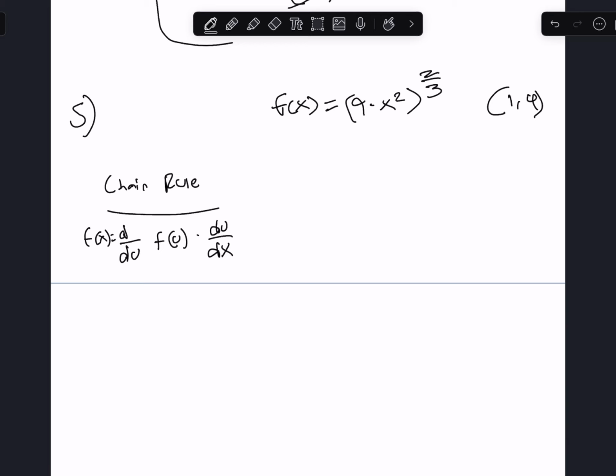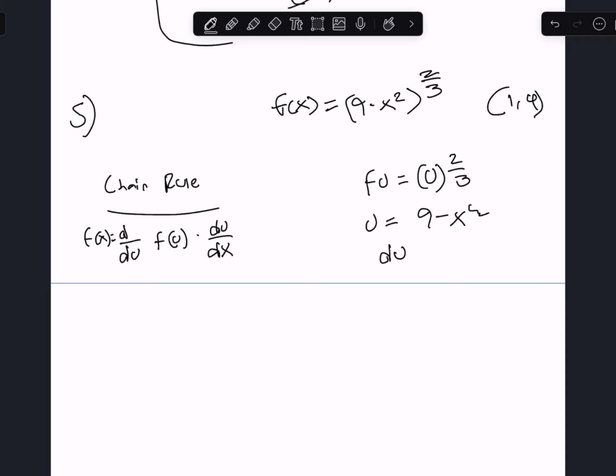Our f of u for this equation is u to the power of 2/3. Our u is equal to 9 minus x squared.